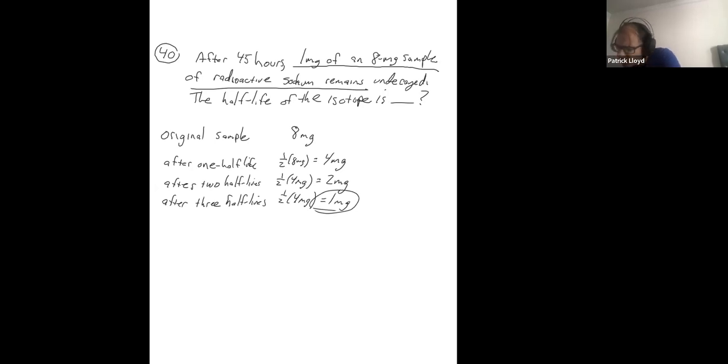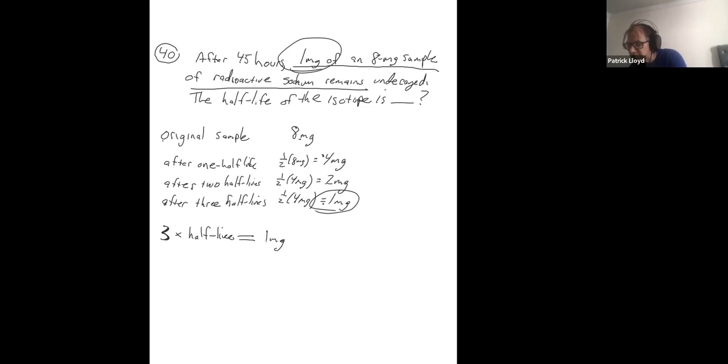Now we've reached a point where we have the amount that they said we had. We have 1 milligram remaining. So it looks like that was 3 half-lives, right? 8, 4, 2, 1. That's 3 half-lives. So we know 3 times the half-life gives us 1 milligram. Okay.